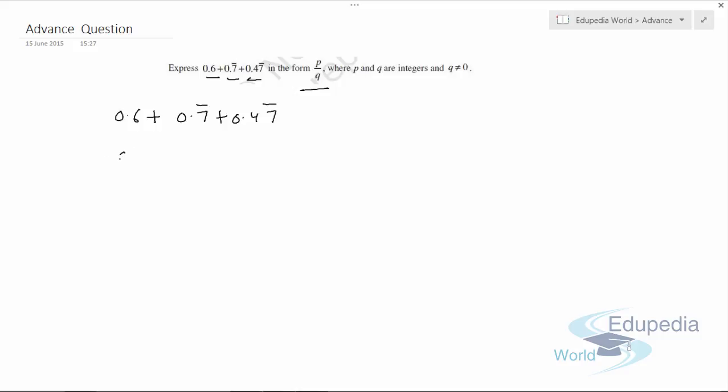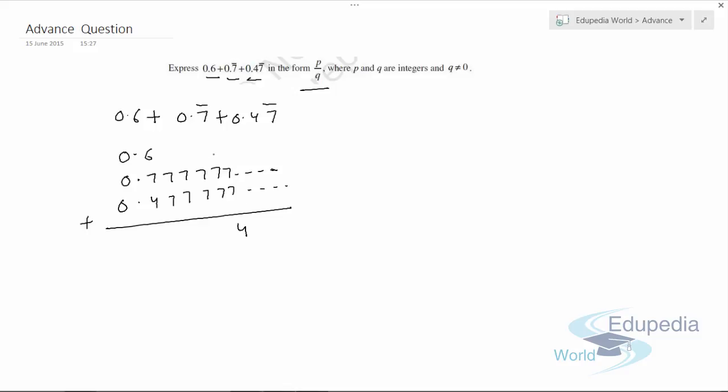So for addition we can write 0.6 as 0.6, and 0.7 bar can be written as 0.77777 and it will continue, and 0.47 bar can be written as 0.477777 and it will continue. So we add them. 7 plus 7 is 14, 1 carry, then 15, again 15, 15, 15, 1 carry, and it carries on.